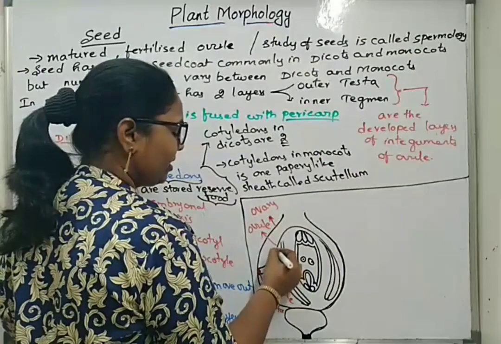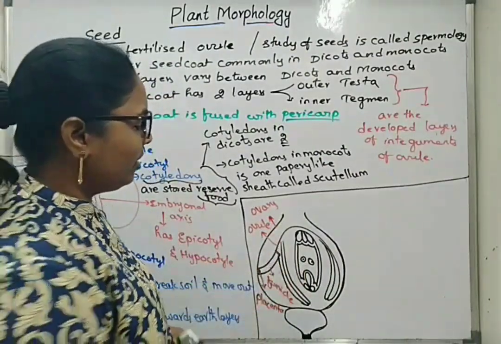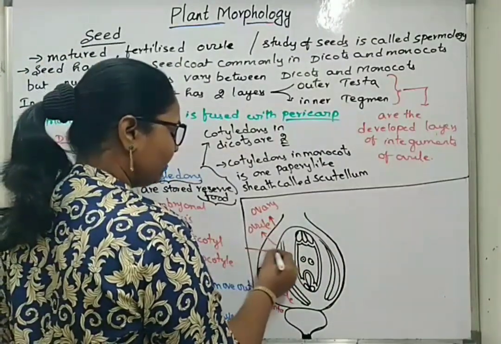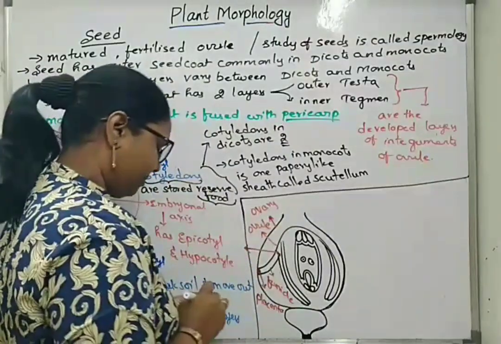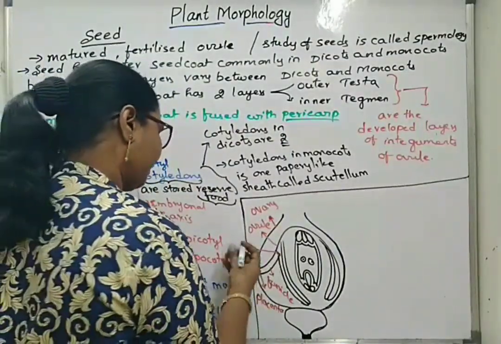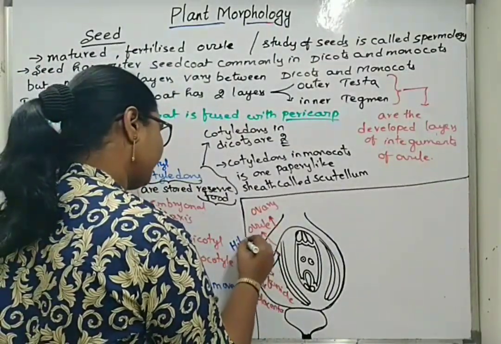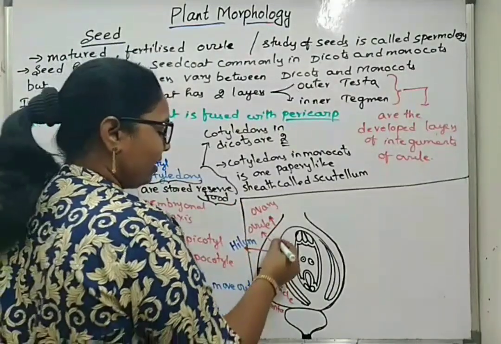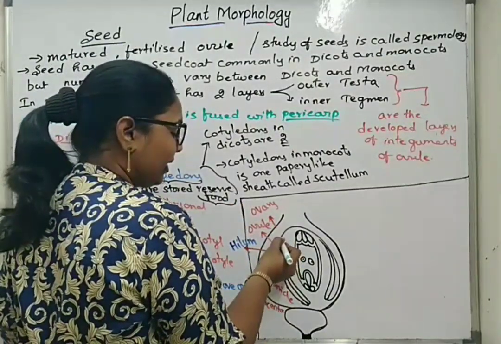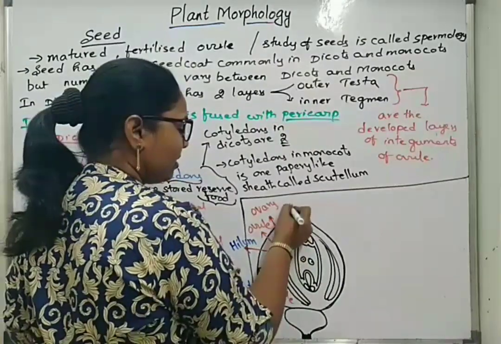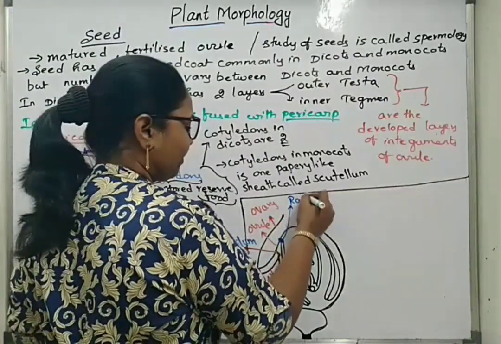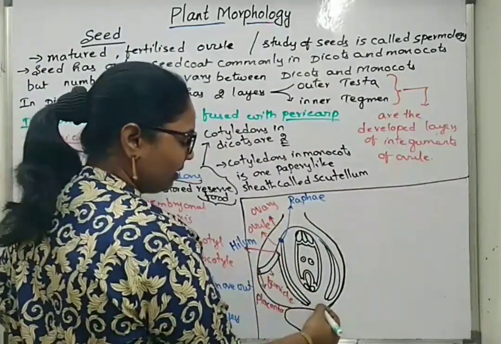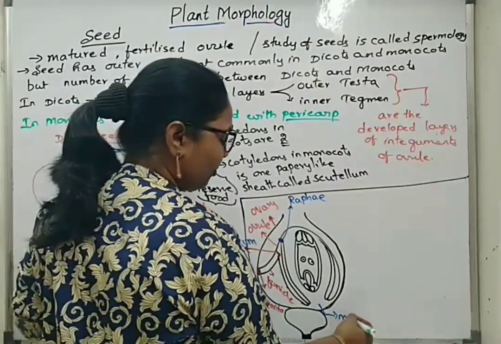This junction which is attaching funicle to the ovule, this is called hilum. Above the hilum, up to the point where integuments are touching, this is called raphe. And this opening is called micropyle end.